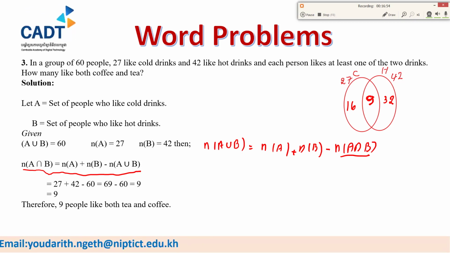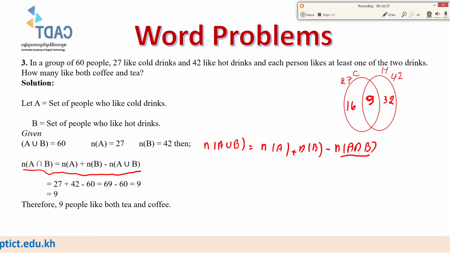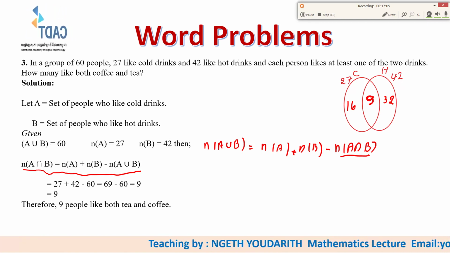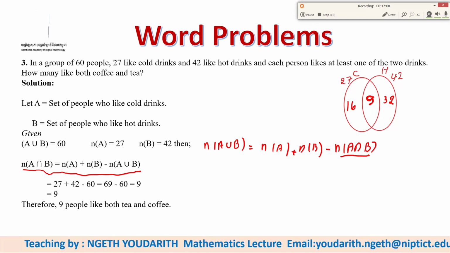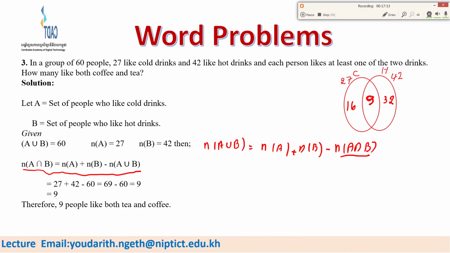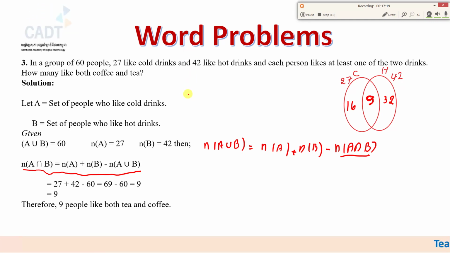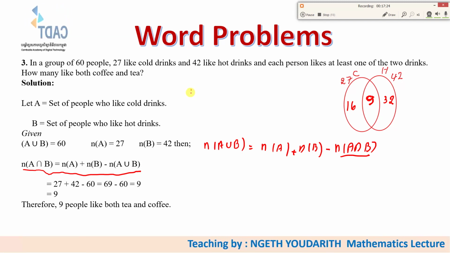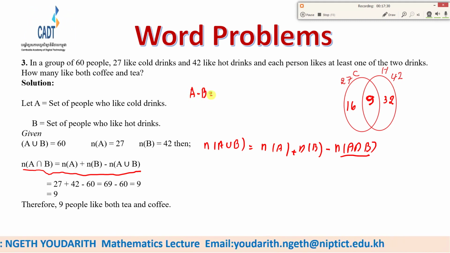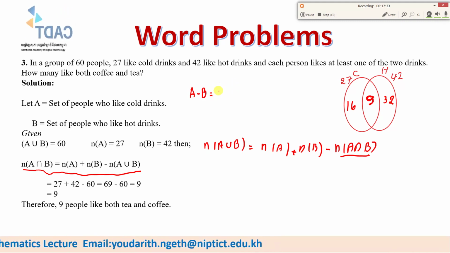So if they want you to tell them just only those who like cold drink but not hot drink, it means they like A different B. So A different B is equal to what?